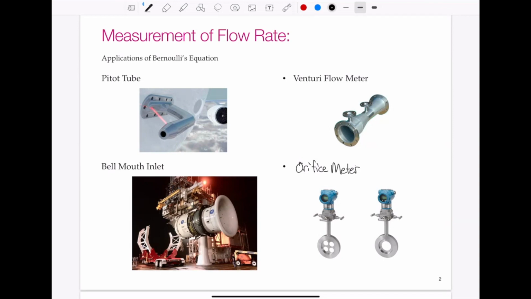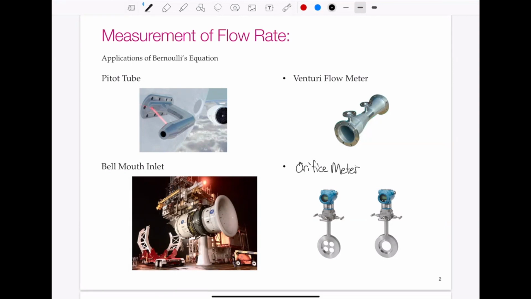A bell mouth inlet is a flow device. It's kind of interesting. The geometry of a bell mouth inlet allows the flow to be undisturbed on the entrance into some sort of tube or tunnel or enclosure. So it's basically just controlling that entry point so that there's no losses and no boundary layer forming in that initial region.